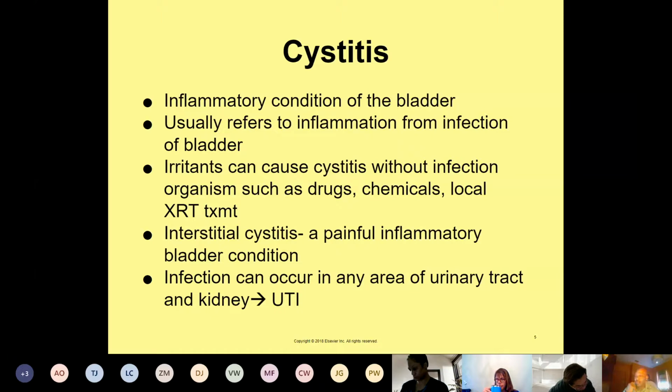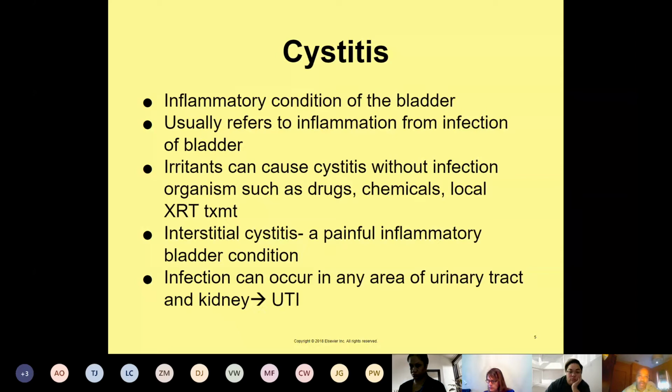Now, when you think about the urine, it is actually sterile until it gets to the tip of the urethra. Other than that, in the urinary system from the urethra, except the tip, all the way to the bladder, to the ureters, and then to your kidneys, all that urine is sterile.